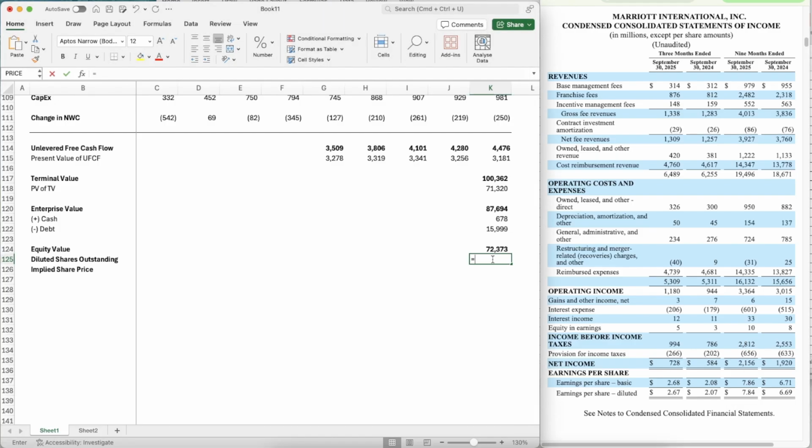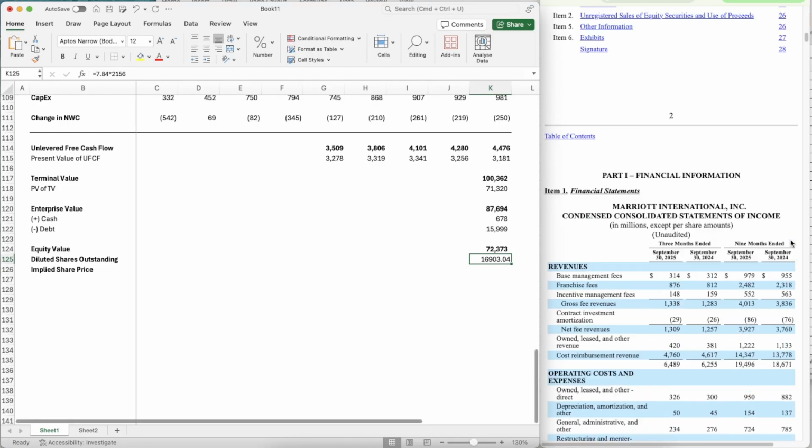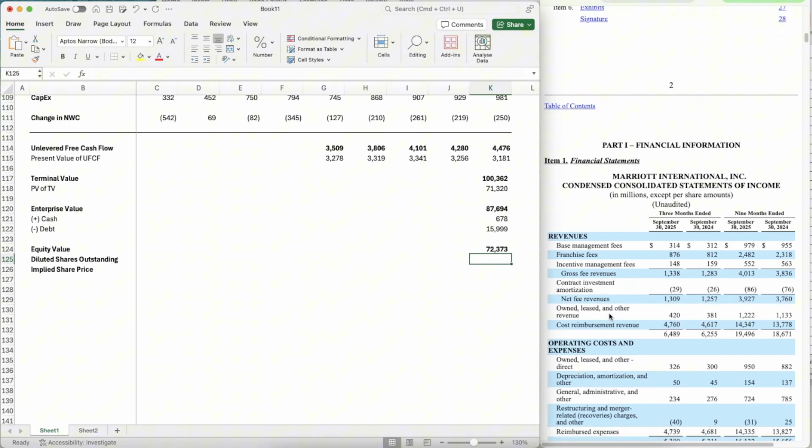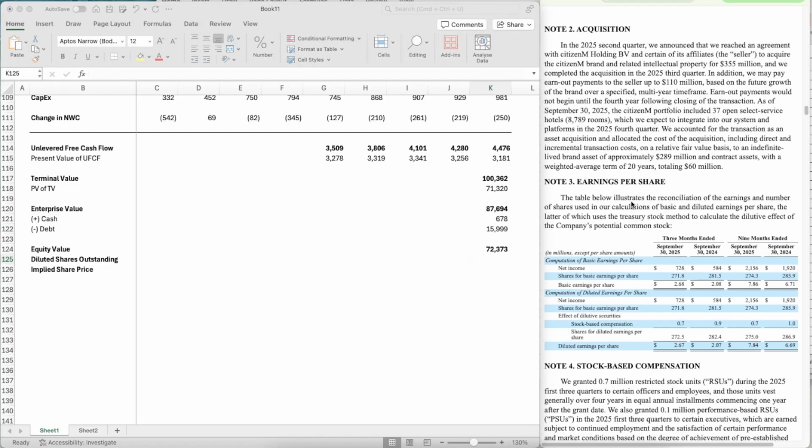So we go equals 7.4 multiplied by 1. So I found it.